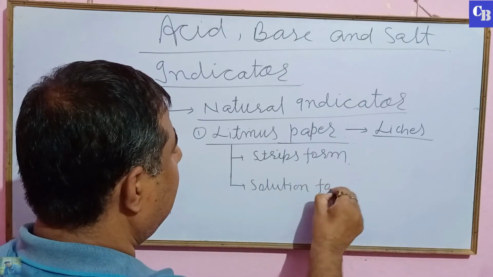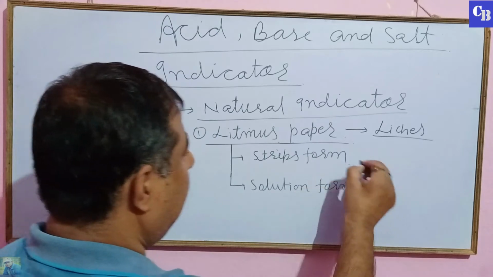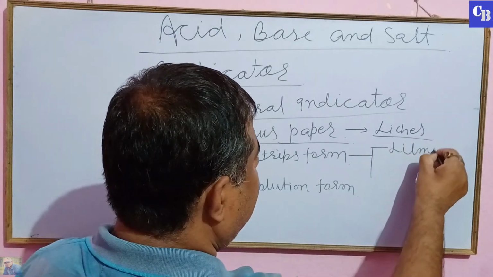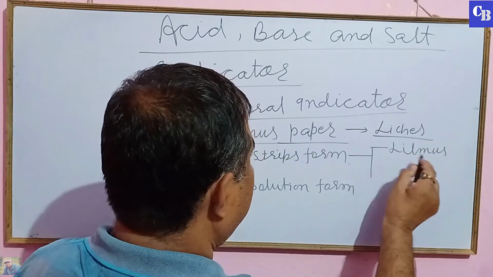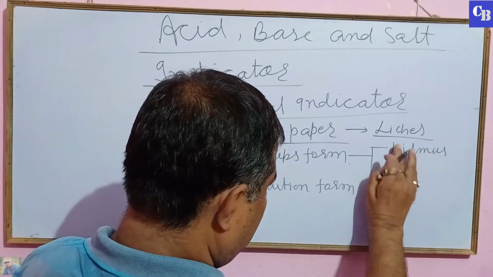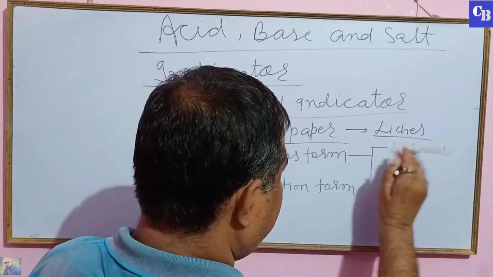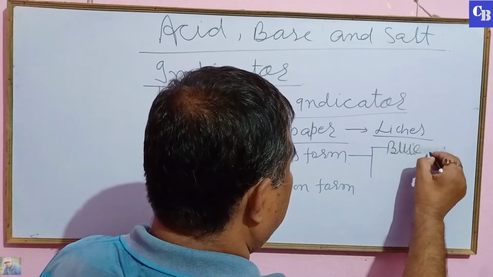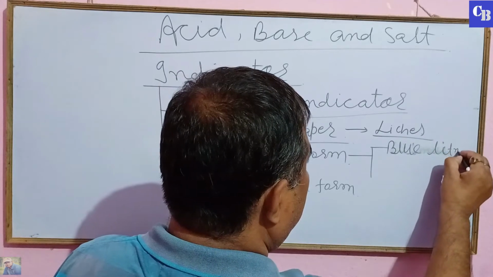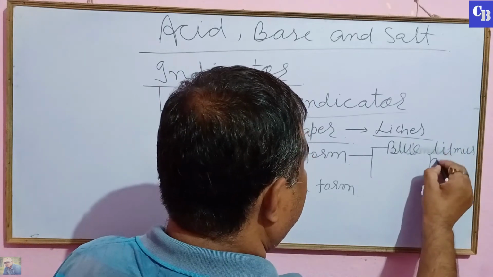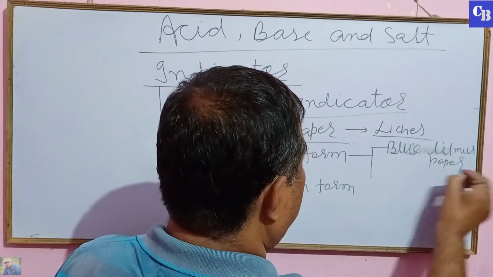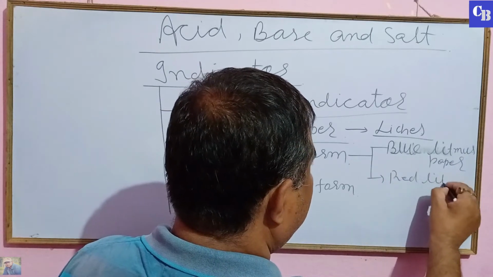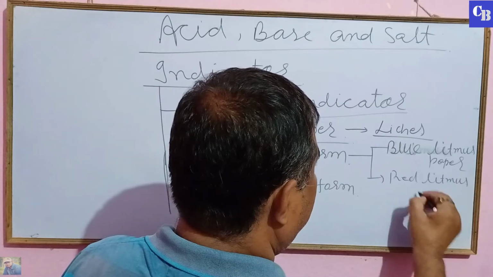In strip form, it is blue litmus paper and red litmus paper. These are in two forms: one is blue litmus paper and the other is red litmus paper.